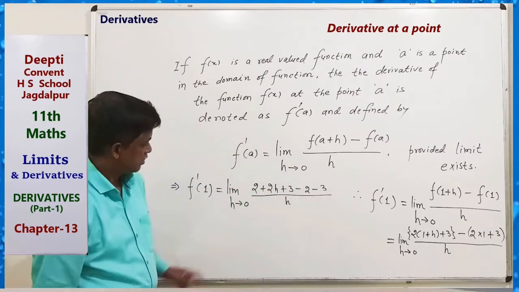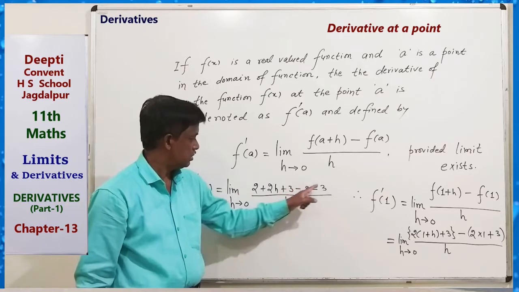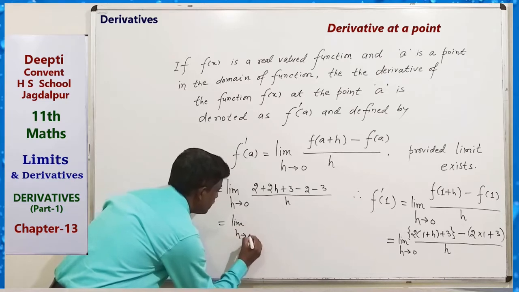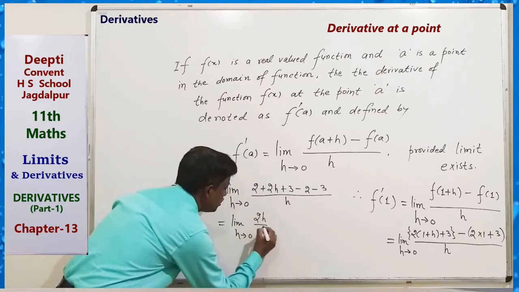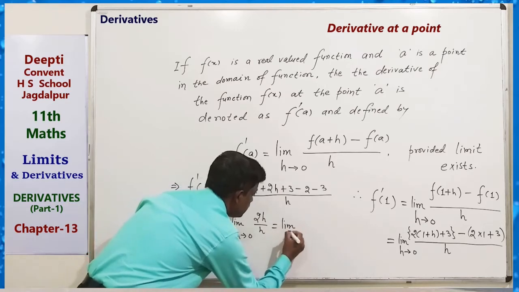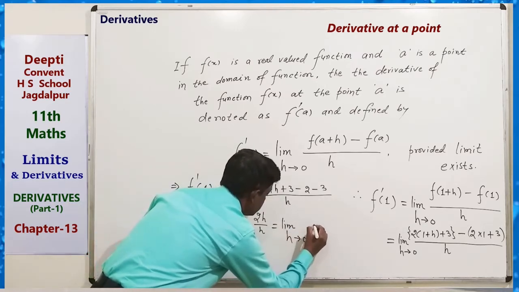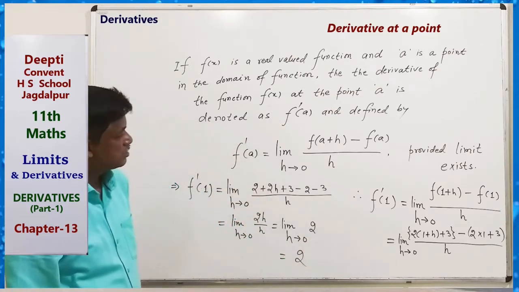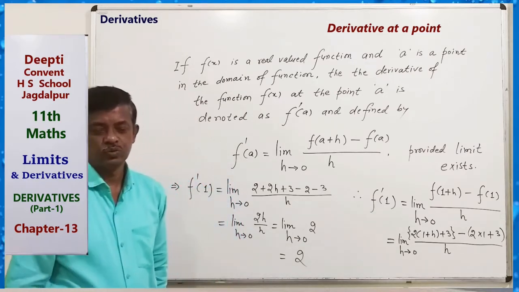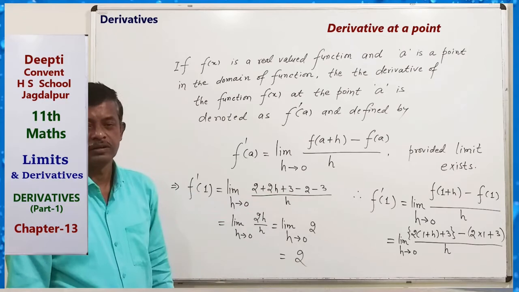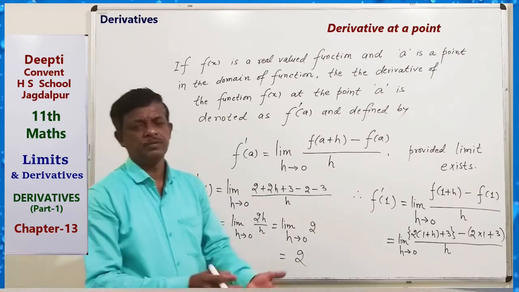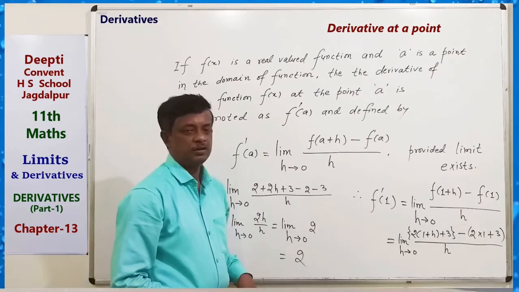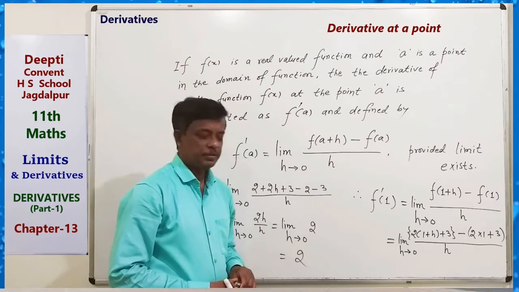Here 2 cancels, 3 cancels, leaving 2h by h. So limit h tending to 0, 2h upon h, which equals limit h tending to 0 of 2. 2 is constant, so the derivative is 2 at the point 1. So simple. The derivative at a point can be found by using this formula at the point a.